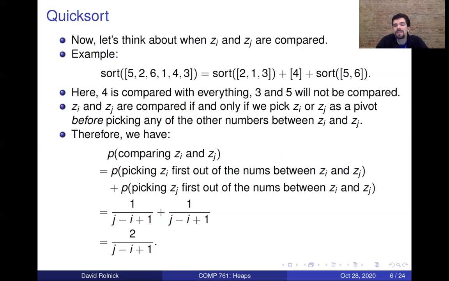And this makes sense. If we picked two numbers right at the start and right at the end, it's less likely we're going to compare them because probably we're going to pick something in the middle first. So if this is big, we're less likely to compare them. If they're right next to each other, we're more likely to compare them. Actually, we have to compare them.